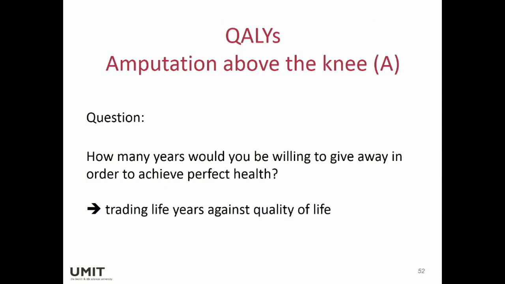So we'll use a method which is called the time trade-off. It basically checks how much preference you have for one of these states, the best, the next best, and what's very bad, by asking you the question, how much of your life would you be willing to give away if you can get rid of that problem?